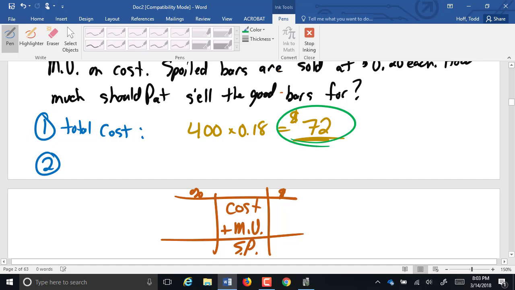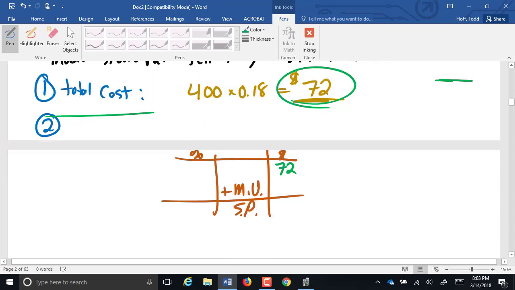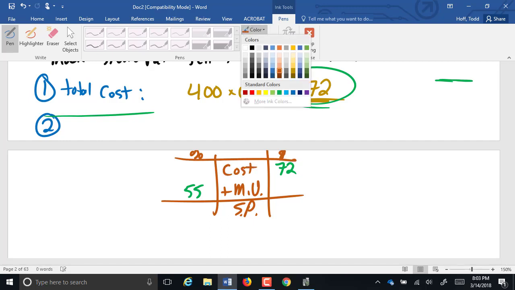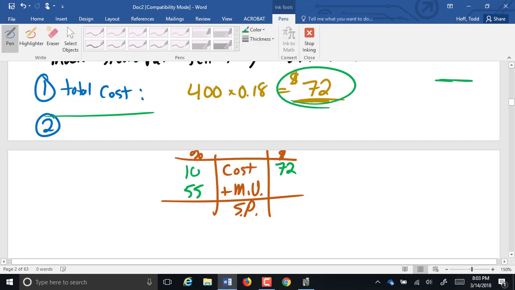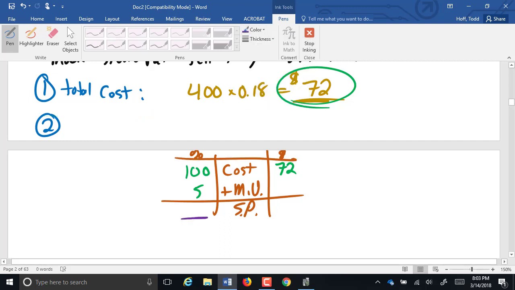72 goes in as the dollar amount of the cost. Our percent markup was 55 on cost. Don't know where my cost disappeared to. Let's write that back in. So since it's on cost, 100 goes in the cost, which makes this number down here 155.